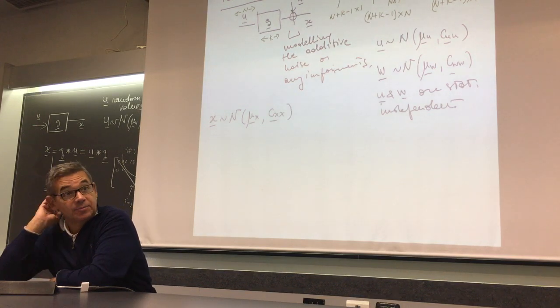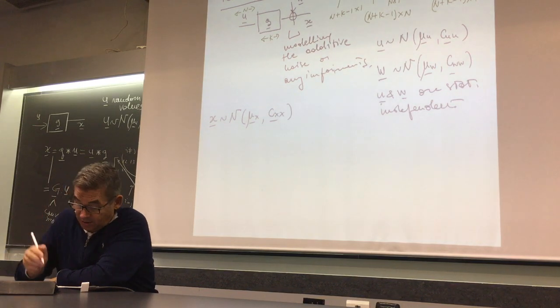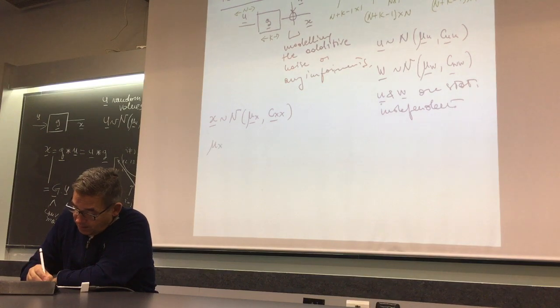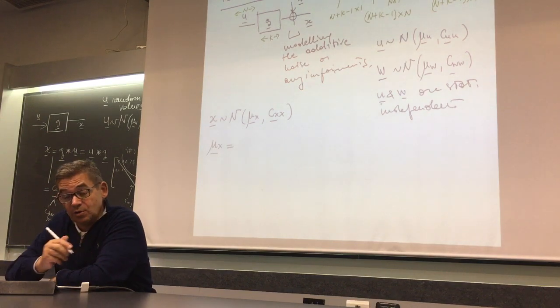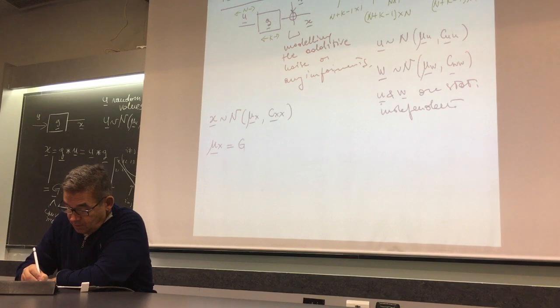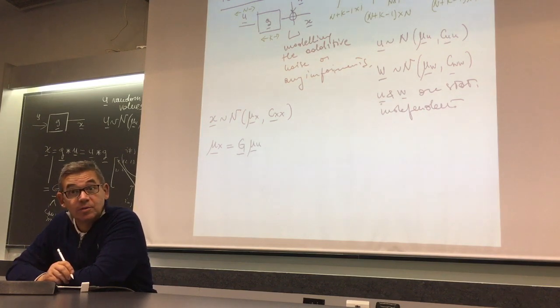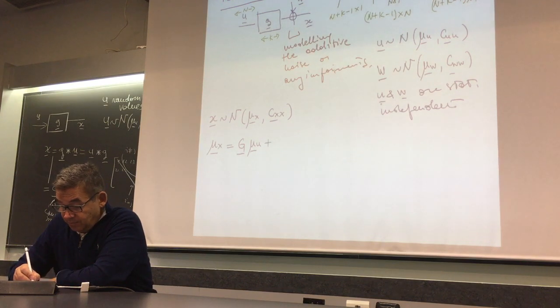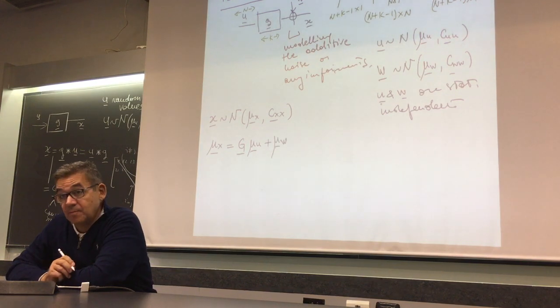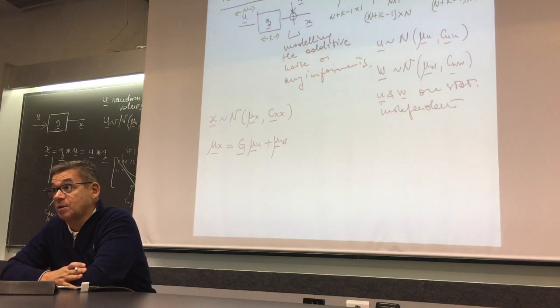Now, what is the mean? The mean mu X, as we have seen before, is G times the mean of U plus the mean of W, because I have a sum of random processes.